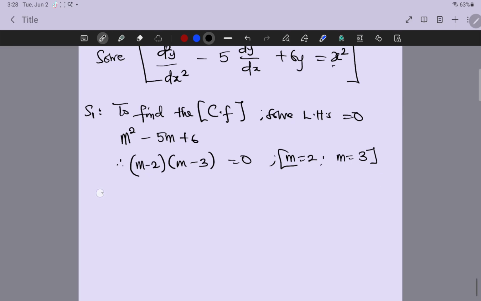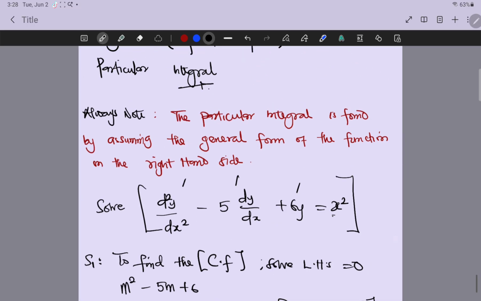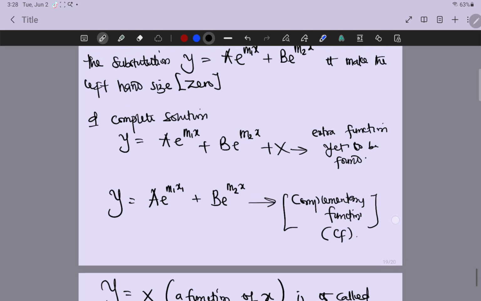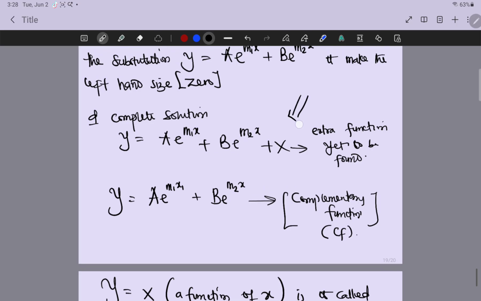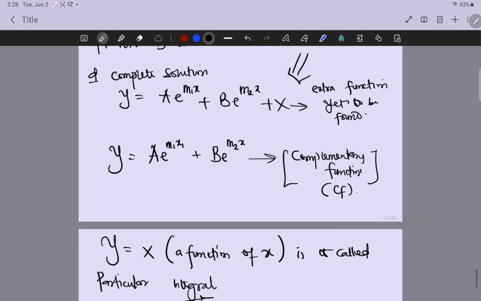So whenever you have an inhomogeneous equation, you must always take note: our complementary function will be y is equal to, so what's the formula for getting the complementary function? It is right here. Our complementary function CF is A e to the m1 x plus B e to the m2 x.